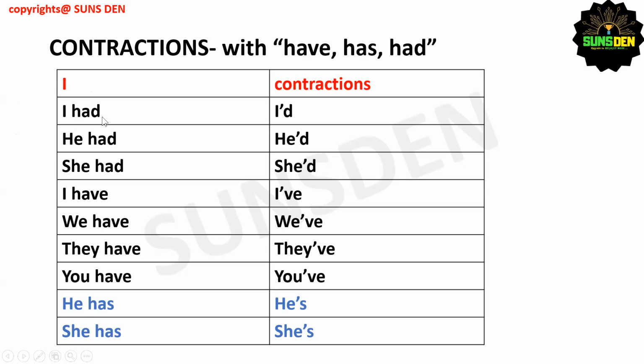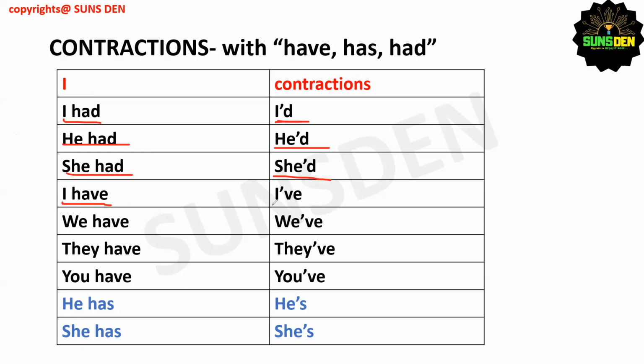Now, what is the other one? That is I would. I had and I would have the same contraction, which is I apostrophe D. Now, how should you pronounce this? When it is the I had contraction, we pronounce this as I'd. He had, he'd. She had, she'd.